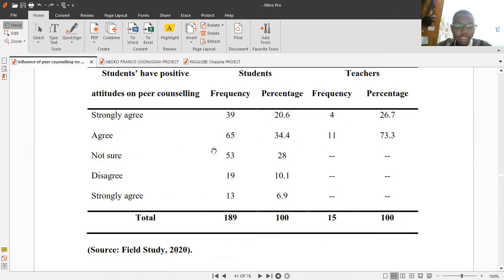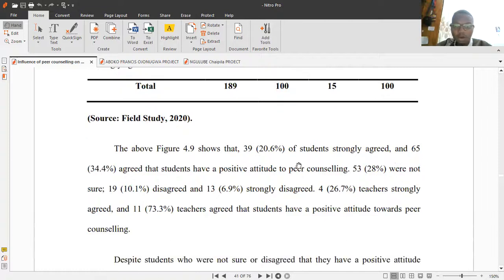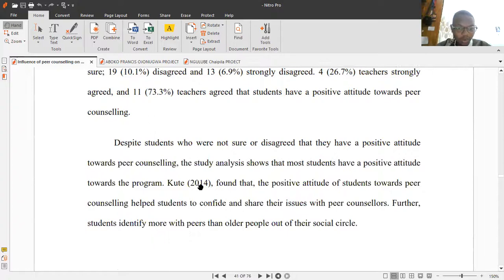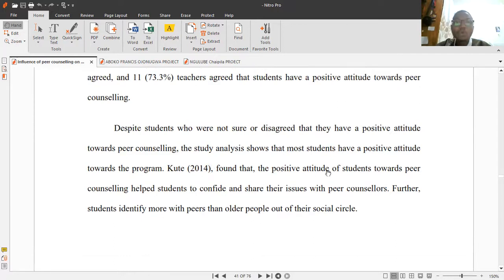Now the text is just what you do here for analysis, putting everything down, and then you do your comment. As you can see, I also brought again Kute 2014 from chapter 2. It's to support your study.